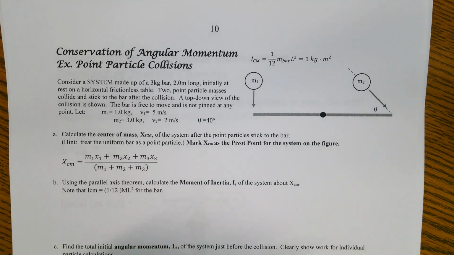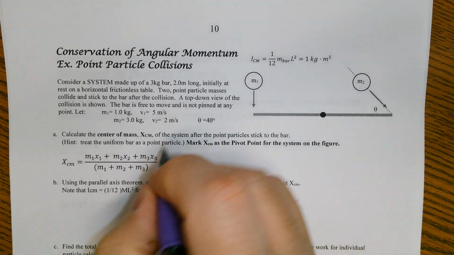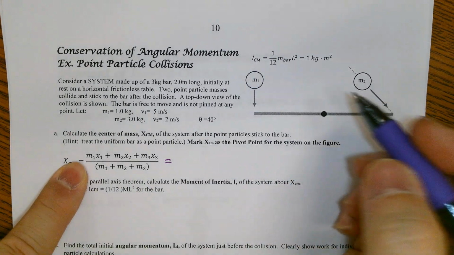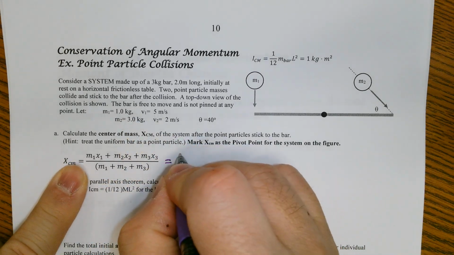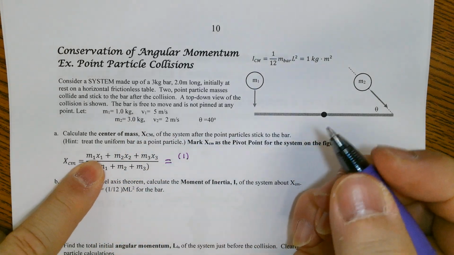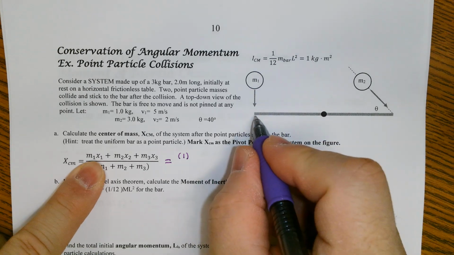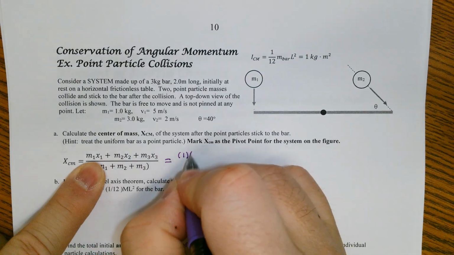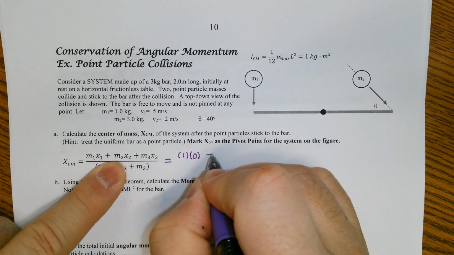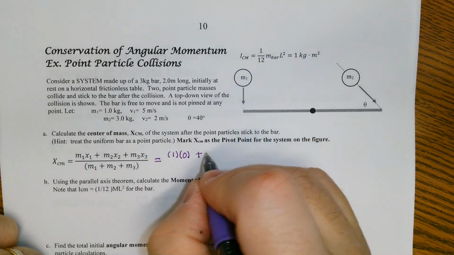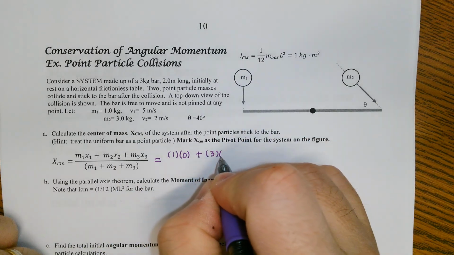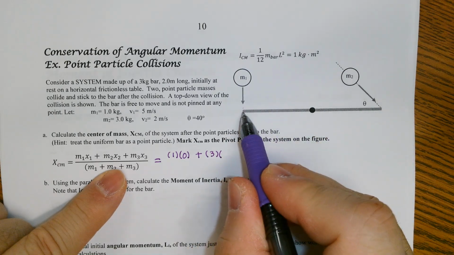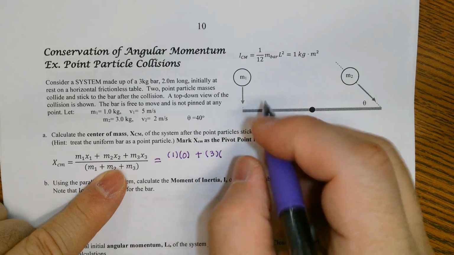So it looks like we can use the center of mass equation. M1 is 1 kilogram. X1 is 0, because we're going to consider this to be our zero origin right here. Plus M2, which happens to be 3 kilograms, times the bar is 2 meters long. So from the origin to where M2 is going to be is 2 meters.